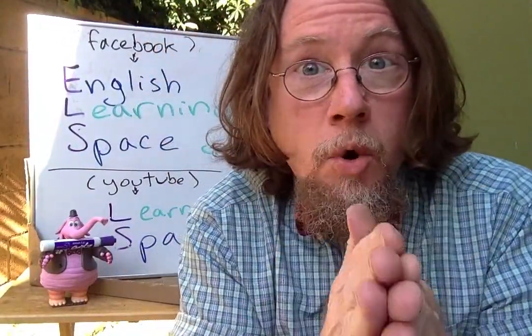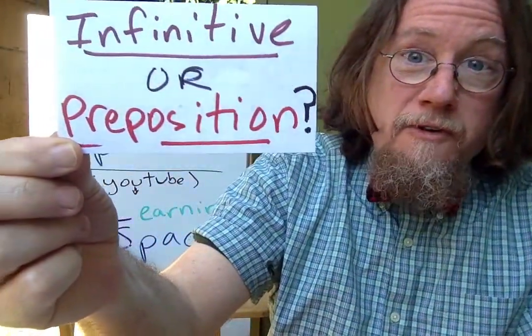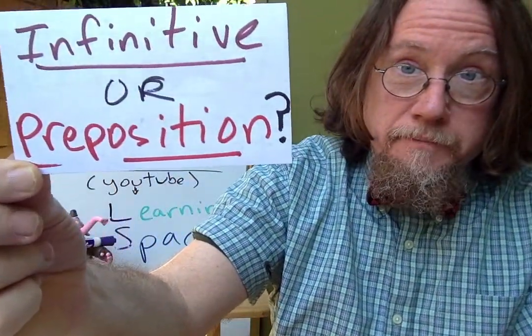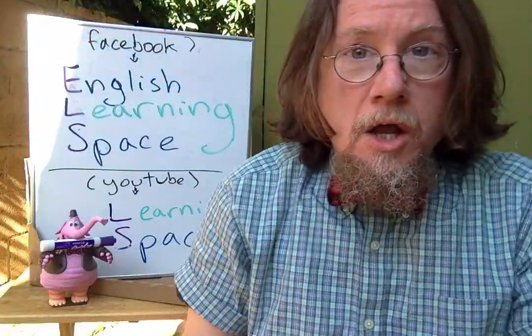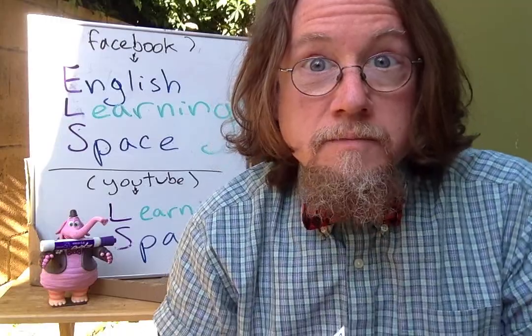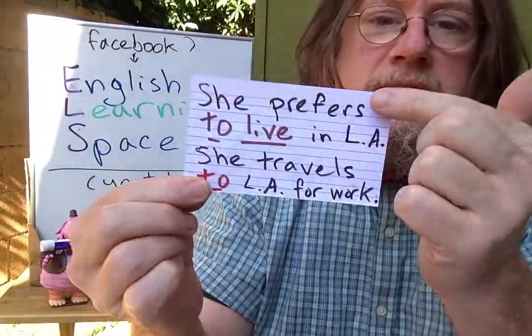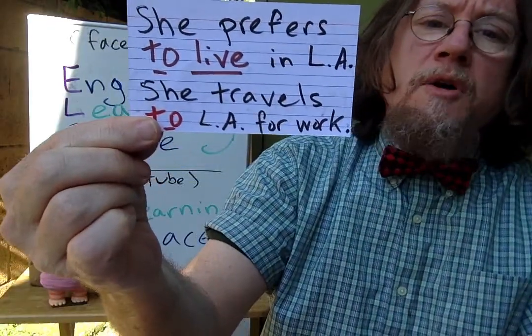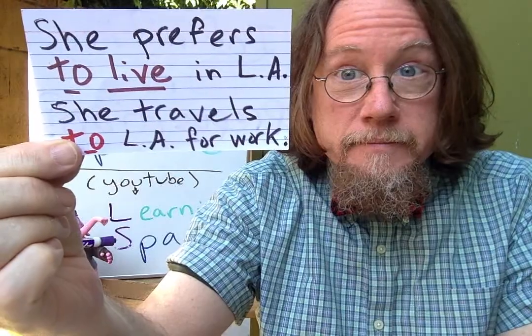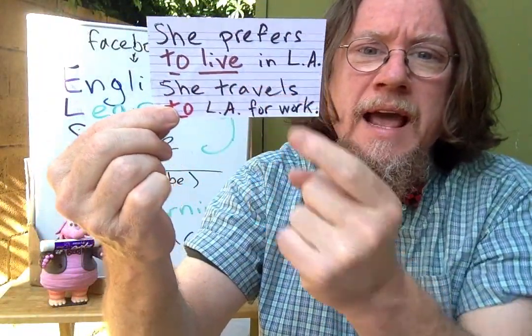Okay, so here's a quiz. Infinitive or preposition? Listen to my sentence, and you decide. For example, if you see a sentence like this, she prefers to live in LA, you know this must be infinitive, to live in LA.